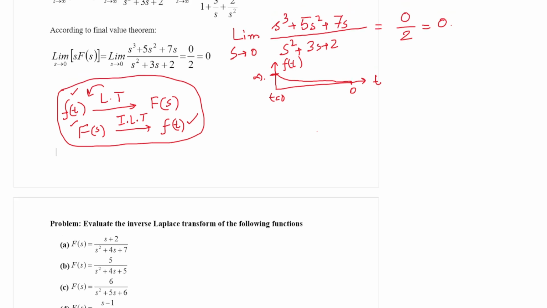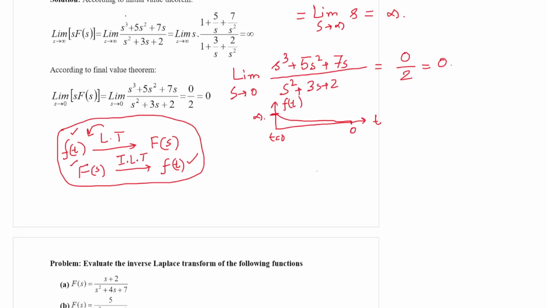Now what to solve? It's very easy. Suppose you have sin(omega t), its Laplace transform is omega divided by s square plus omega square. So suppose you have a function F(s) equal to 4 by s square plus 4.